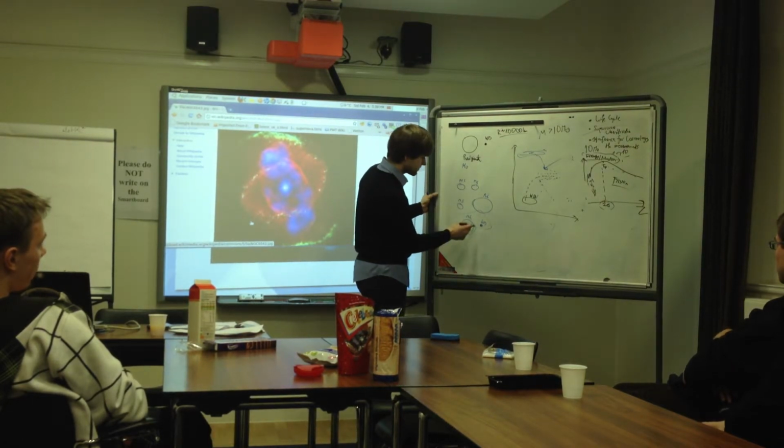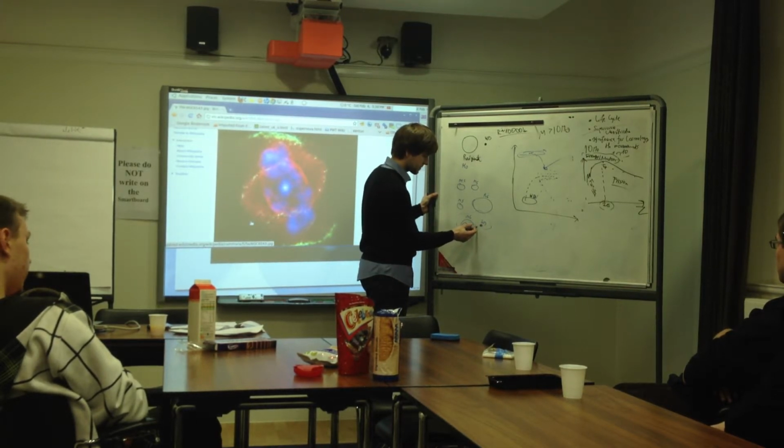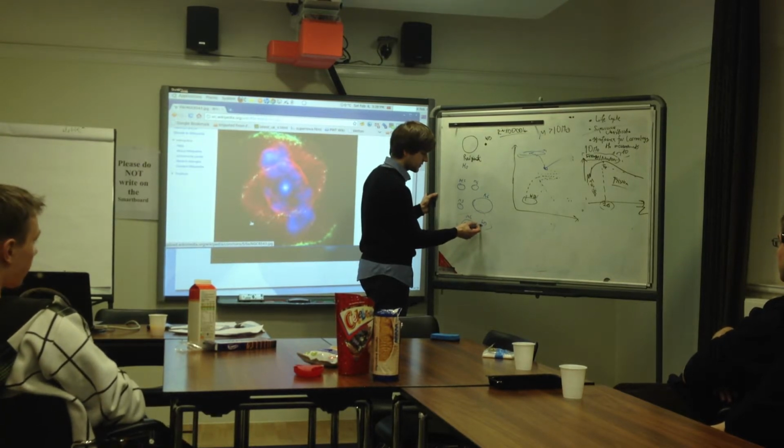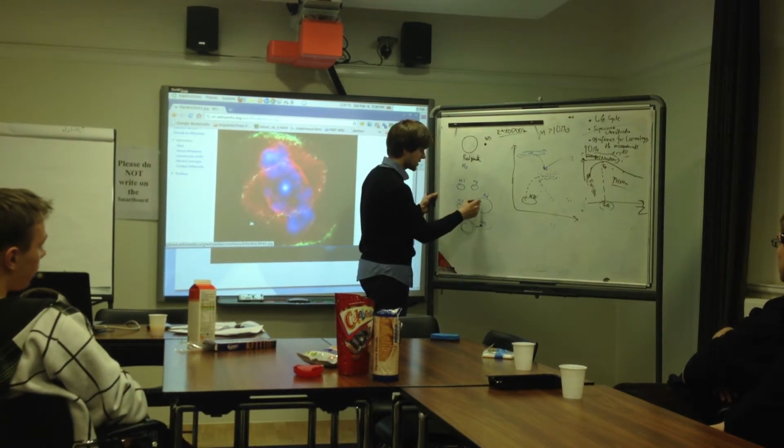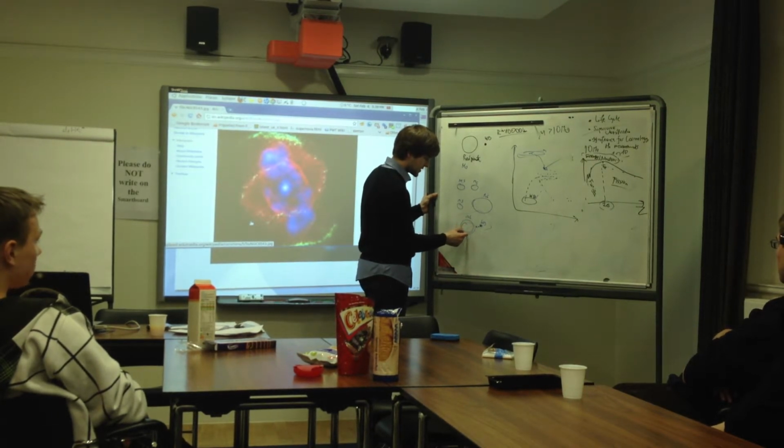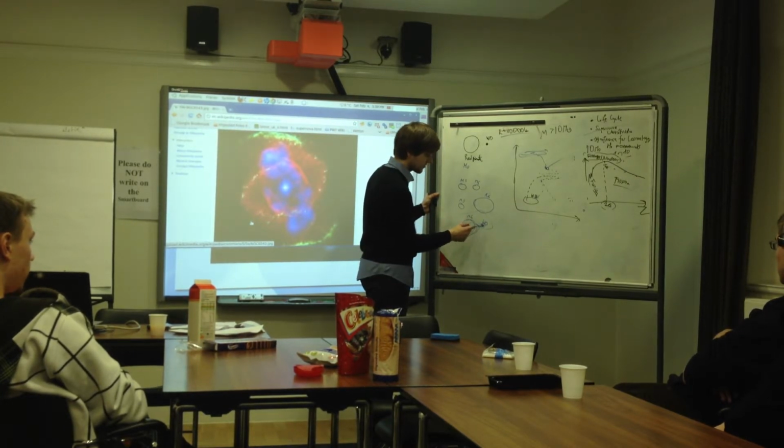And then, because they tend to be very close systems, because you lose a lot of distance, for instance, due to the friction of the medium once this one has expanded its layers, this star usually fills the Roche lobe, and then it starts accreting mass onto the white dwarf.